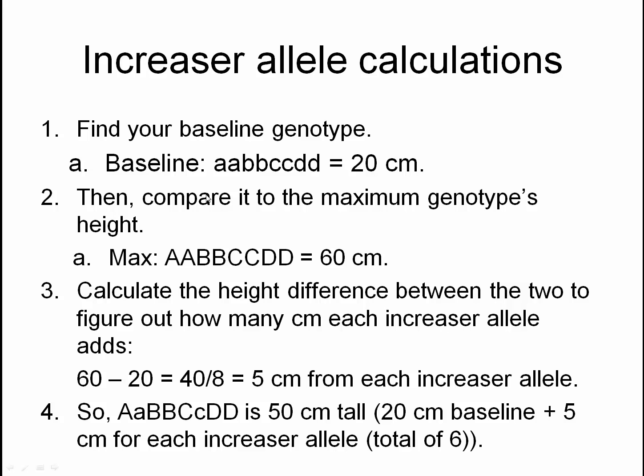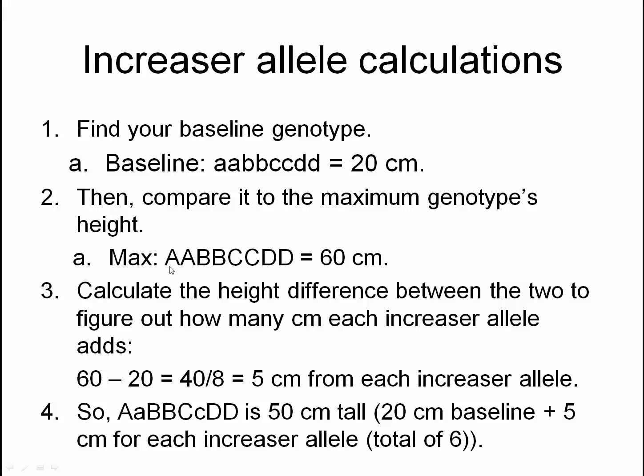Well, the way we do this is, first we find our baseline genotype, and the baseline is little a, little a, little b, little b, little c, little c, little d, little d. And that's 20 centimeters, right? So that's the smallest that any corn plant could be. Now we compare it with the maximum genotype's height.